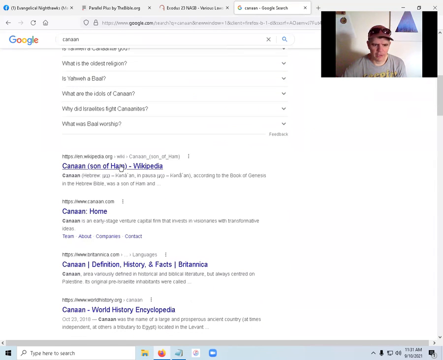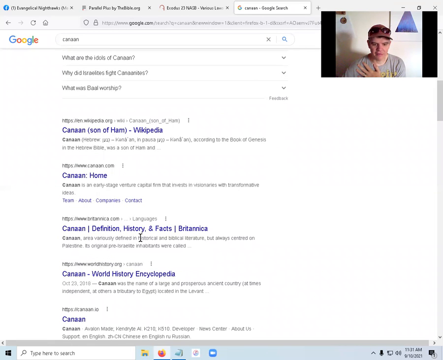Wait, real quick. Canaan, son of Ham. Ham, Shem, and Japheth were three of Noah's sons. Yes, Noah in the ark. Canaan is also an early venture capital, but that's not the one in the Bible. Canaan appears in various established historical and biblical literature, so you could look that up if you wanted more.